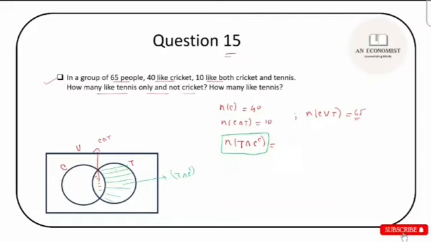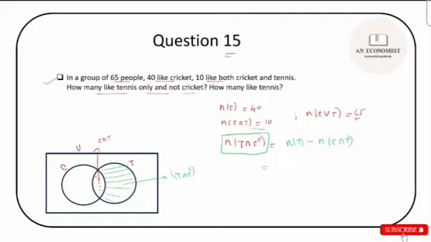People who like only tennis and not cricket. So from the diagram, you can write this as N of T minus N of C and T. You take everything of tennis and you eliminate this particular intersection region, then you will get this particular region. So first we need to find N of T and then we need to subtract 10 from here.